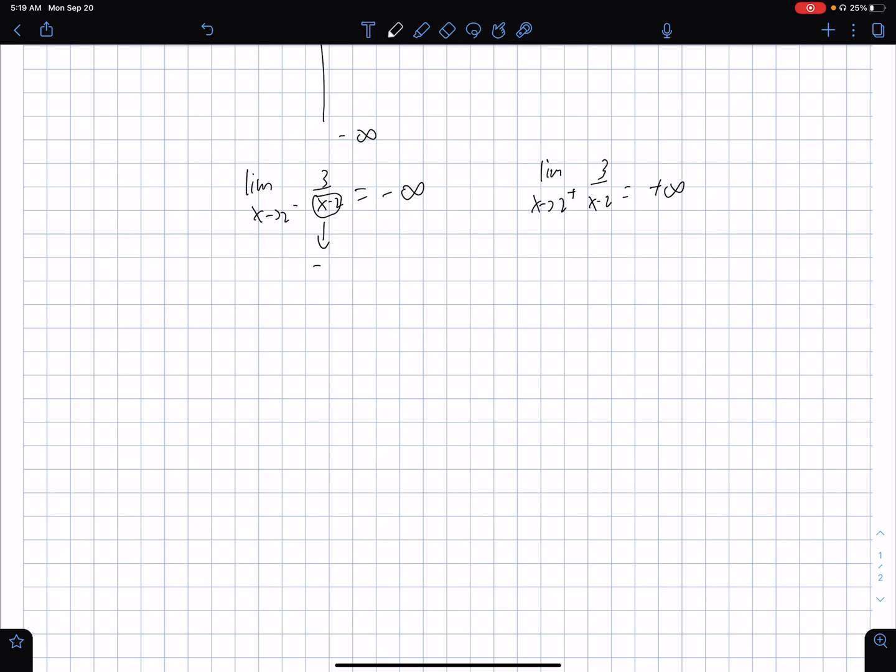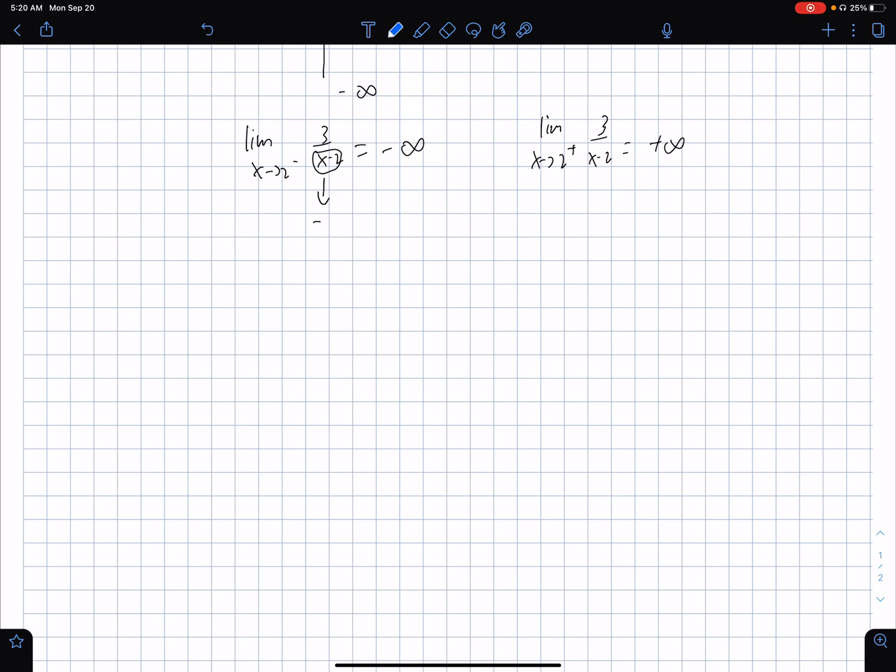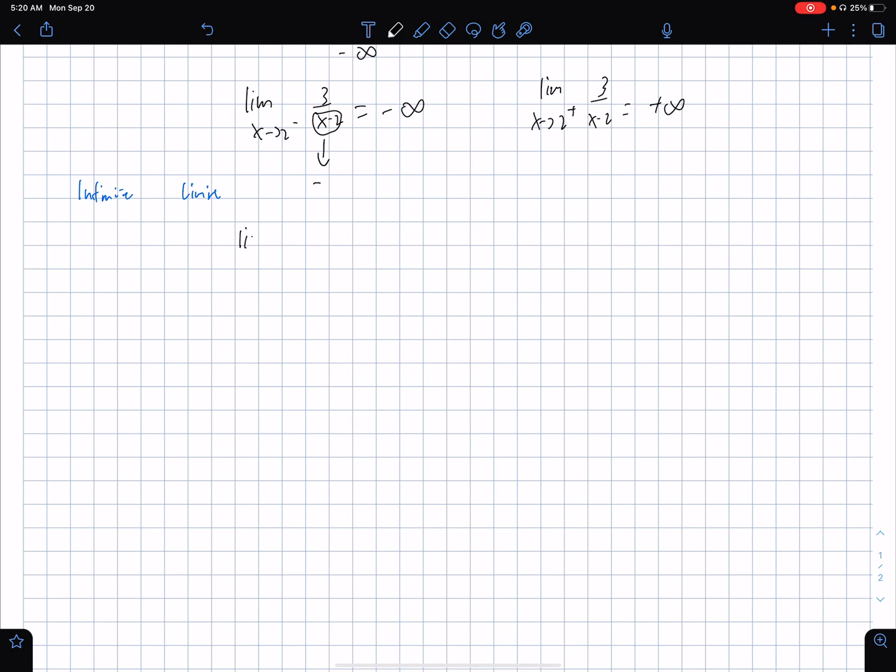Now, moving on to some laws that can help us determine an infinite limit. Let's say a limit is like this: the limit as x approaches a of 1 over (x minus a) to the n.